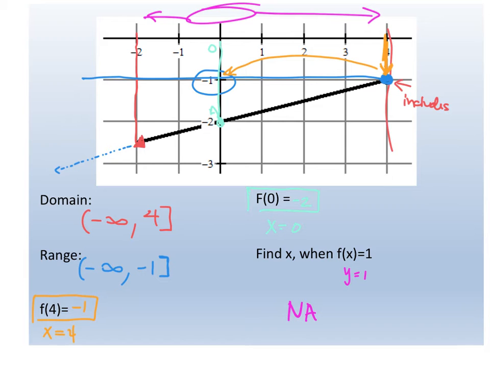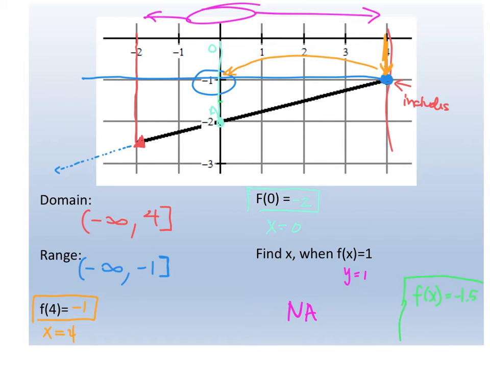Now, let's just say, and this is an additional example, you do not have to copy this one. Let me do it in green. But let's say they asked you find x when f of x is equal to negative 1.5. Negative 1.5, right? I'm doing this one on the bottom. Again, you don't have to copy it.